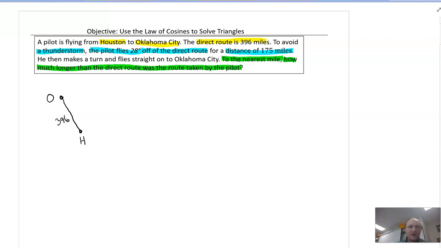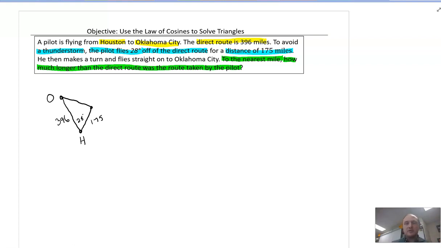But the pilot has to fly 28 degrees off course. So there's 28 degrees, and he flies that direction for a total of 175 miles before making a turn. And in order to be a triangle problem, it has to be a very sharp turn. I feel bad for the people on that plane. And there's the given information.